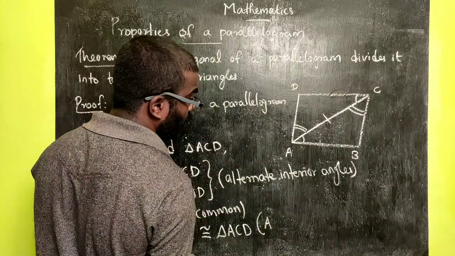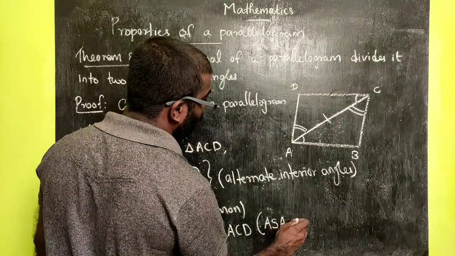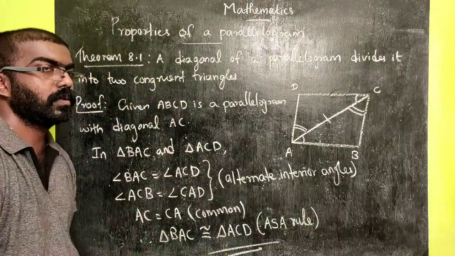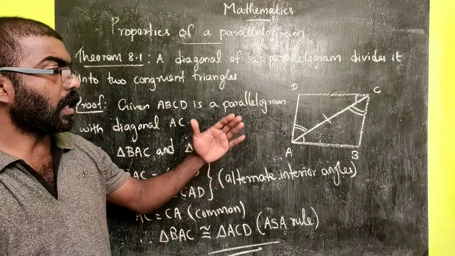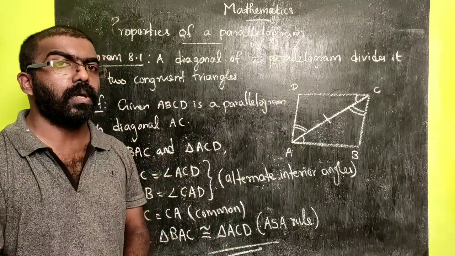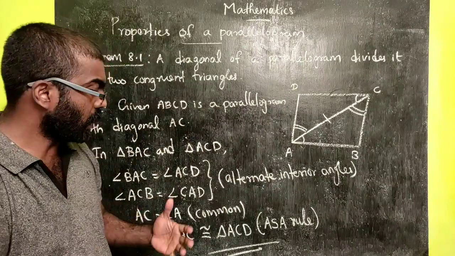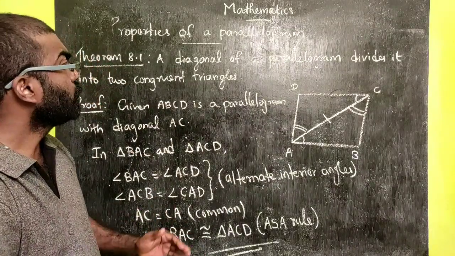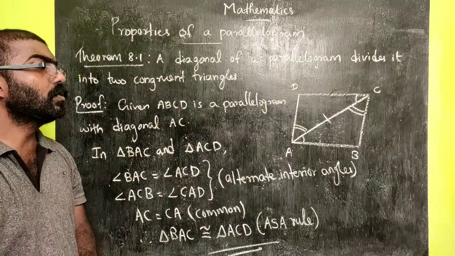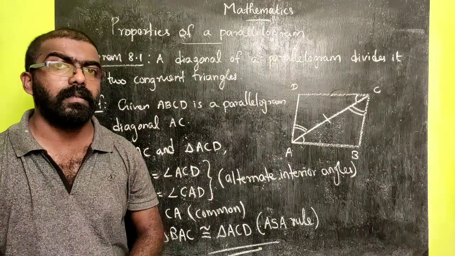Two angles and included side. Hence the proof. So here we get what? The diagonal AC divides the parallelogram into two congruent triangles. So finally you can write the conclusion. Therefore, a diagonal of a parallelogram divides it into two congruent triangles. Clear?